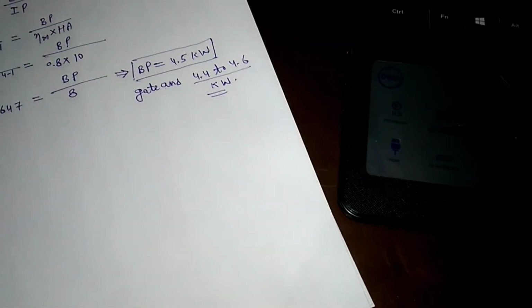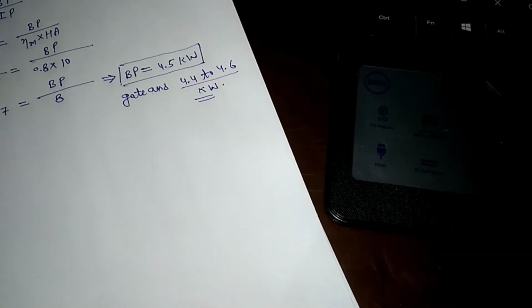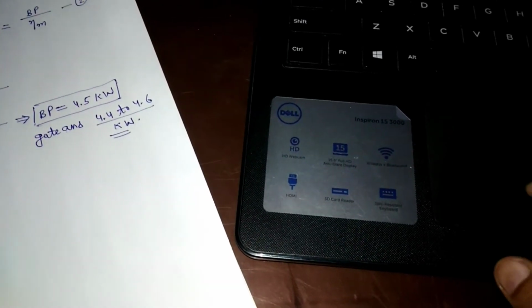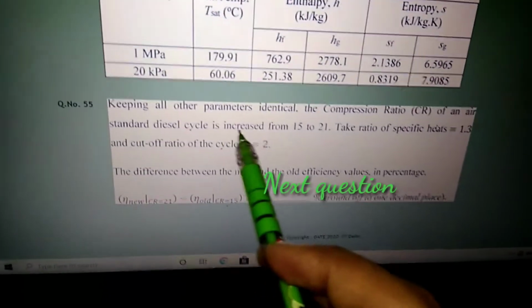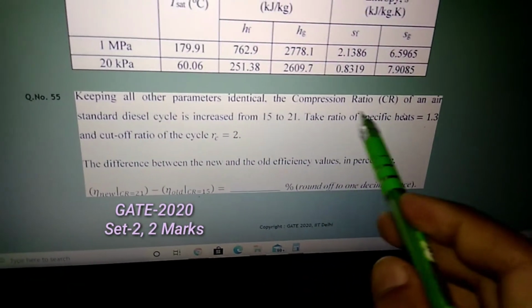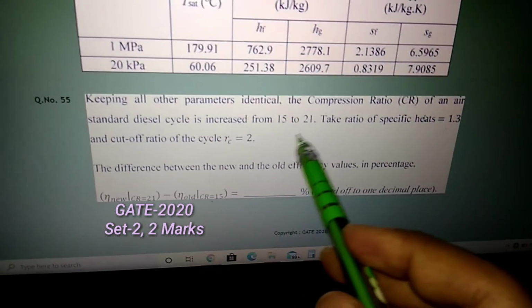Now I have another question that was asked in GATE 2020 in set 1. The question is: keeping all other parameters identical, the compression ratio CR of an air standard diesel cycle is increased from 15 to 20.